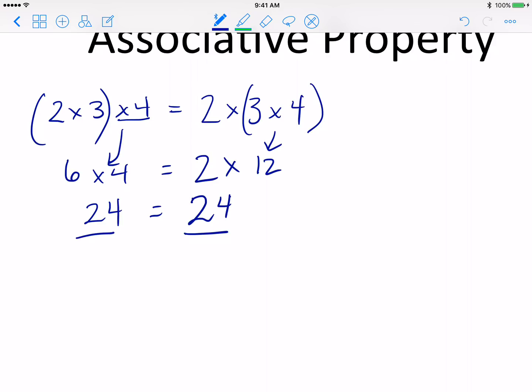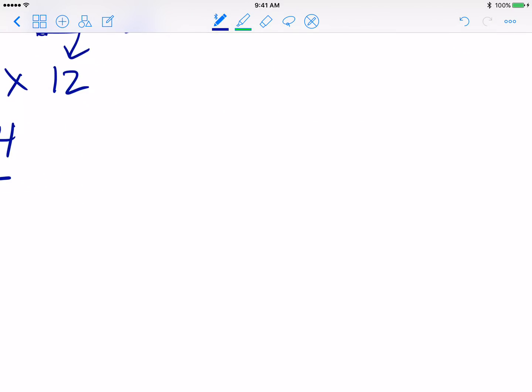So the associative property says it doesn't matter where the parentheses go in a multiplication problem. You're still going to get the same product. Okay? If we have 4 times 3 times 5, and we have parentheses here, that's still going to be equal to 4 times 3 times 5.